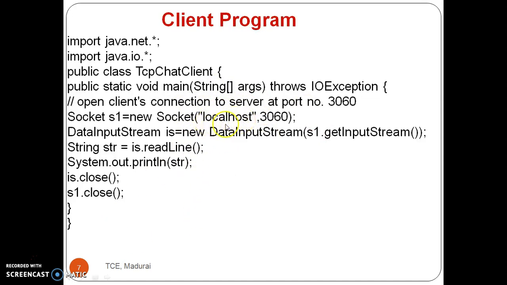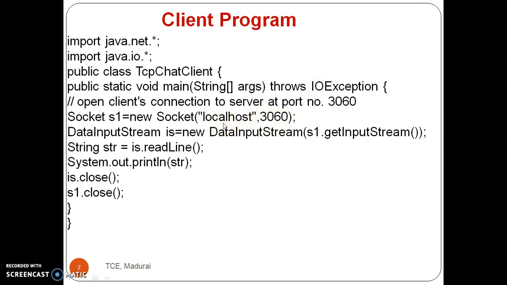Here localhost is the specific host name which we are using, because the same machine with which we are working can be used both for server and client. So for programming purposes, if you use a single machine both for server and client, you can make use of a specific host name called localhost.